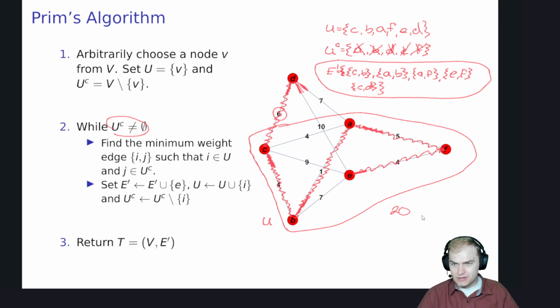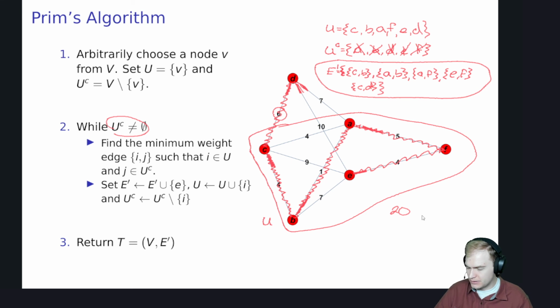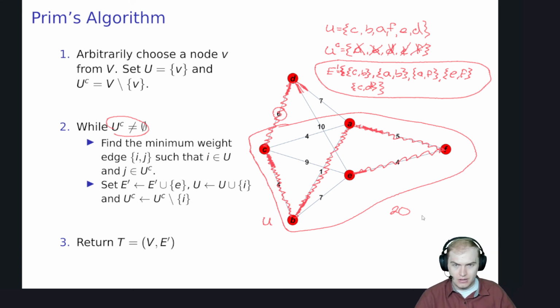Prim's algorithm is very similar to Dijkstra's algorithm in a lot of ways. But maybe the most important is that you can use heap sort to reduce its complexity, which is not that important.